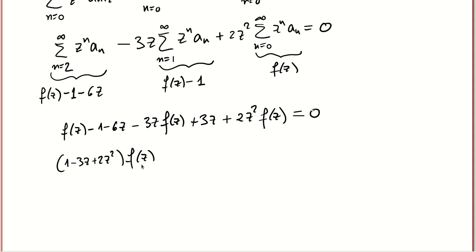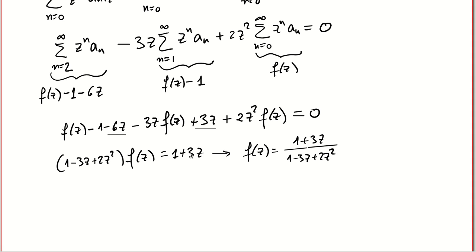Second, we have minus 6z here plus 3z here, so that is minus 3z, and we put it to the right hand side, so we have 1 plus 3z, and from this we get that f is just 1 plus 3z over 1 minus 3z plus 2z squared. All right, so this is our function.